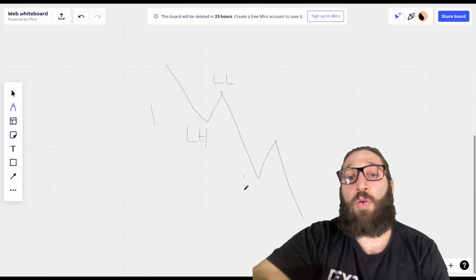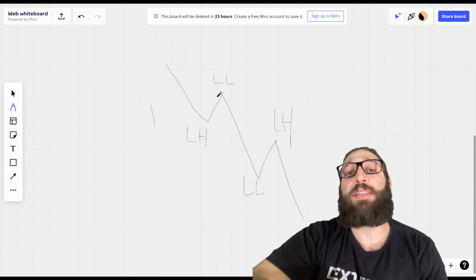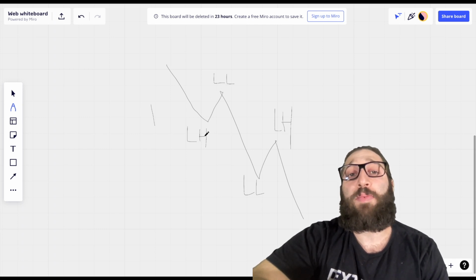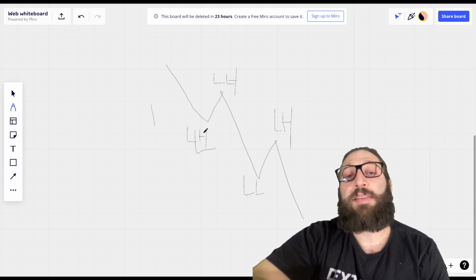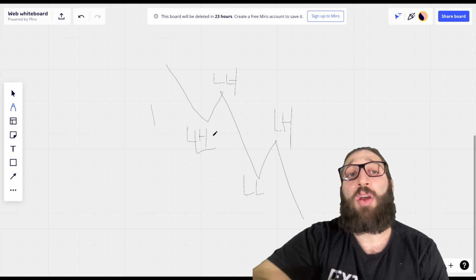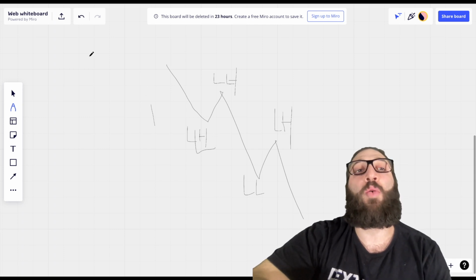You have a lower low here, and then you have a lower high. So this would be one of the first strategies, just being able to distinguish lower lows. Lower low right here, this would be a lower high, and this would be a lower low. So you want to be able to distinguish when price moves in a downtrend or when price moves in an uptrend. And let's go put that on a chart right now.